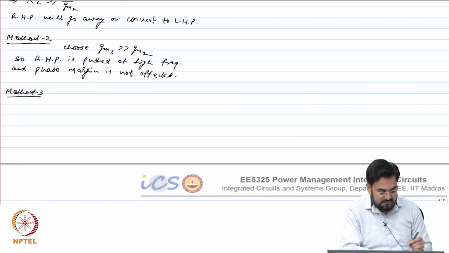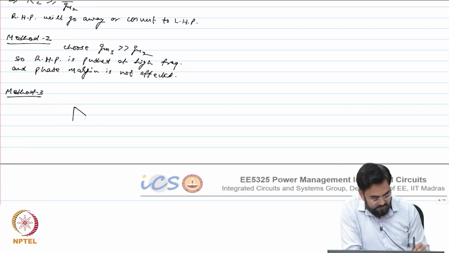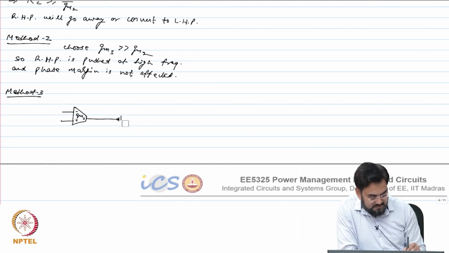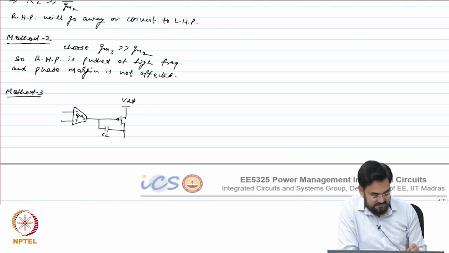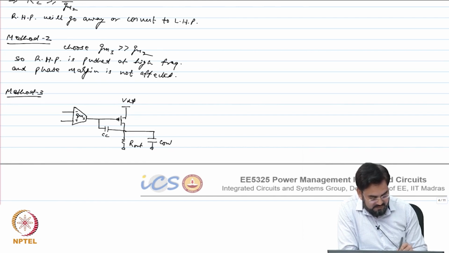Method 3. So if this is GM2, and this is your Miller cap, and let us say I am just drawing the R out equivalent, and you have some C out.